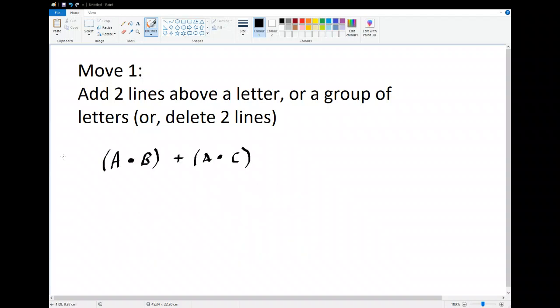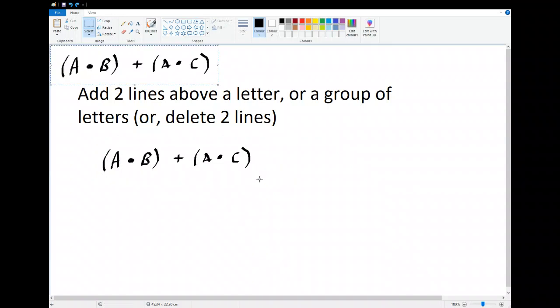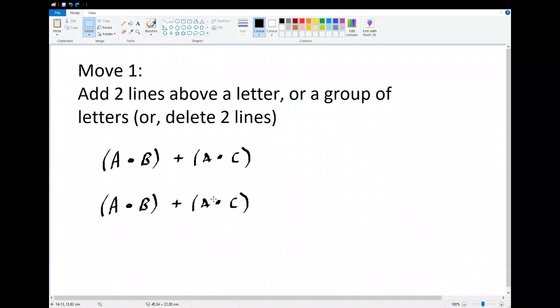Let's say we have an expression like this. I haven't bothered putting the Q equals here, but don't worry about that. Let's say we have A and B or A and C. Well, there's no problem with putting 2 lines just above that side if it suits our purposes. Or you could just put 2 lines just above that side, or you could put 2 lines above both sides if you wished.